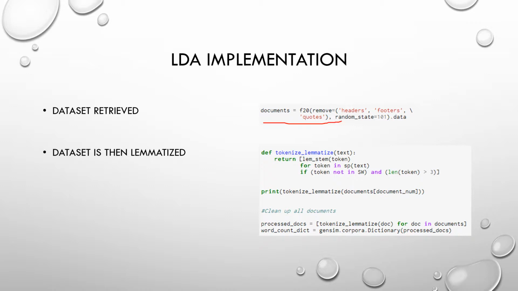Here we retrieve scikit-learn's data sets and we store them in the documents variable. We then lemmatize each word and stem it so that we have only root words, and then we store the results into our processed documents variable, and we also extract a word count dictionary.